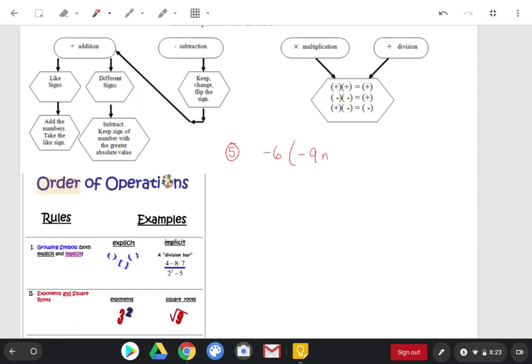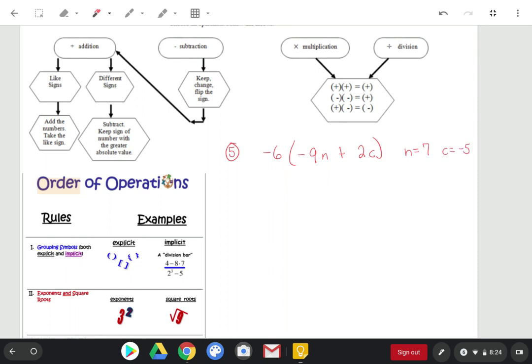Uh-oh, guys, I've lost track. Hold on. I don't know. Negative 6 times negative 9n plus 2c. If I've already done this problem, please excuse me. Again, it's late and I'm a little tired and I don't think I've done it, but I don't know. Anyway, so here we go.